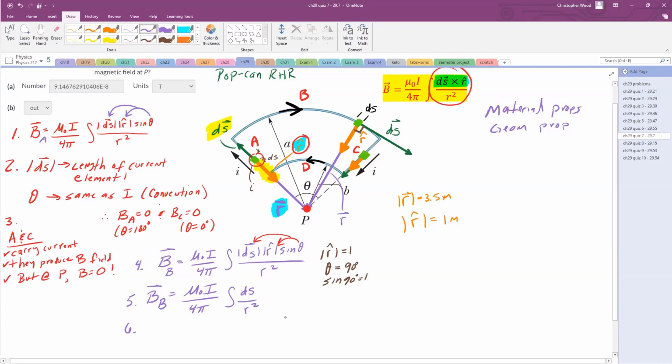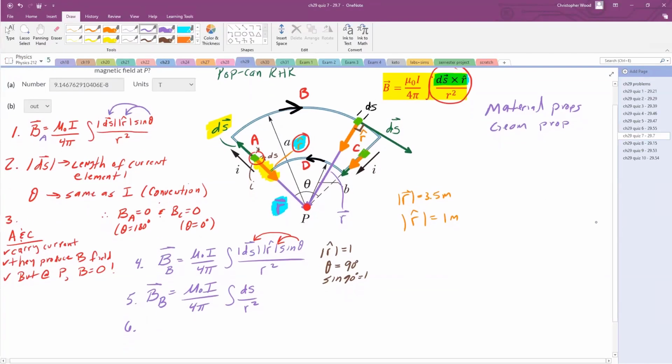The integral of ds is s, and s is that arc length, so it'd be 2 pi over whatever that. Anyway, let me not do that.